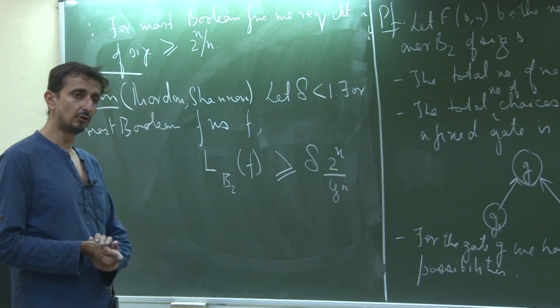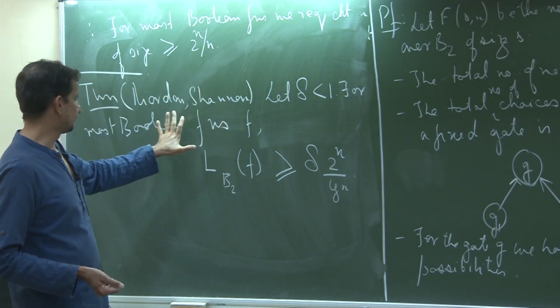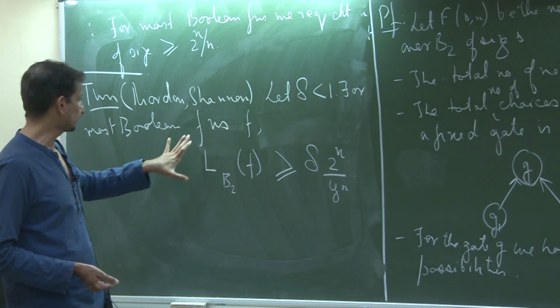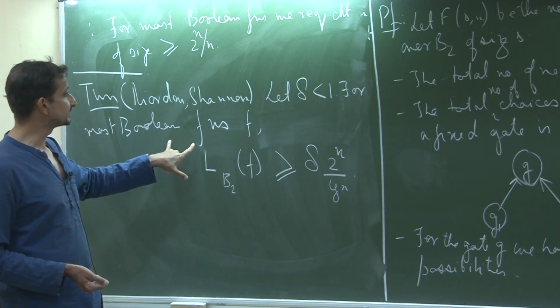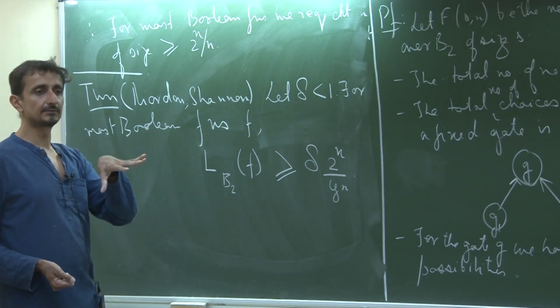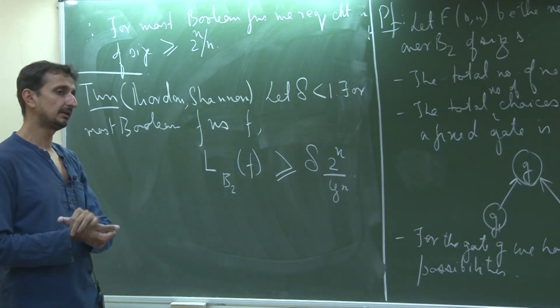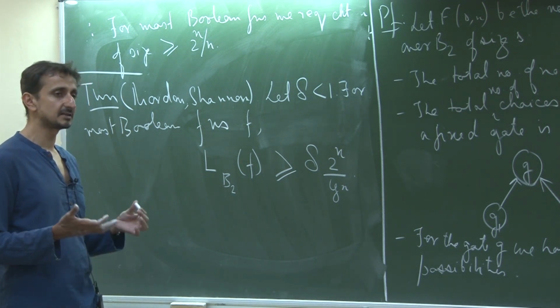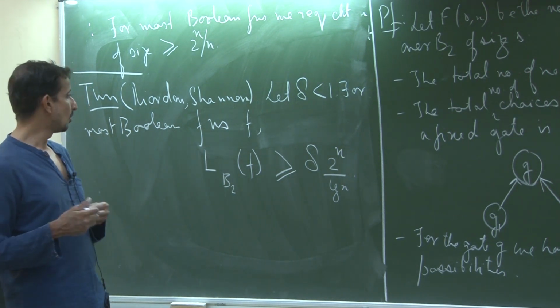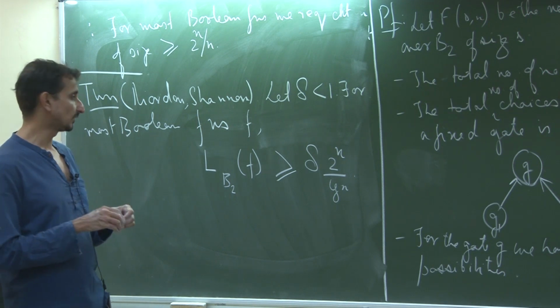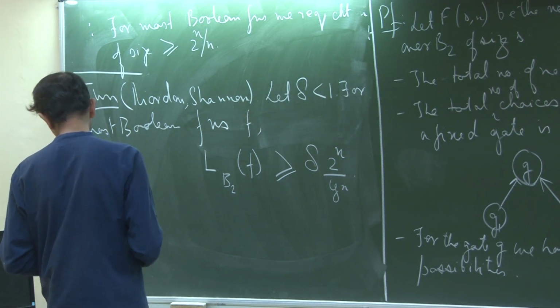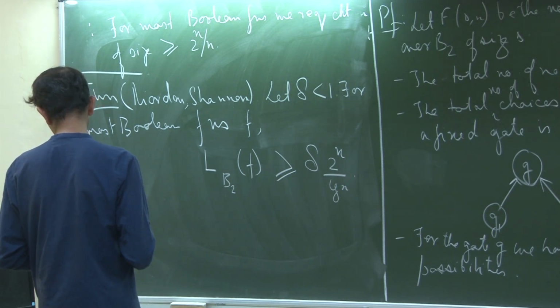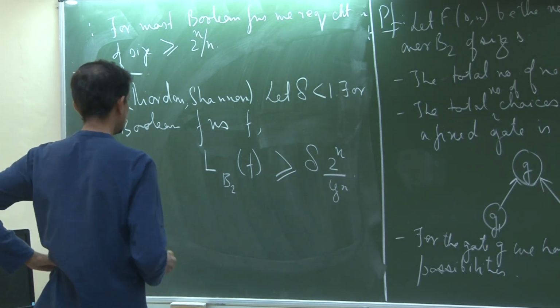And here I will make a small modification to this theorem. We will not look at the total number of gates, we will look at the star size of the formula. Remember what we meant by star size: it counts the number of OR and AND gates. We will not count the number of NOT gates.